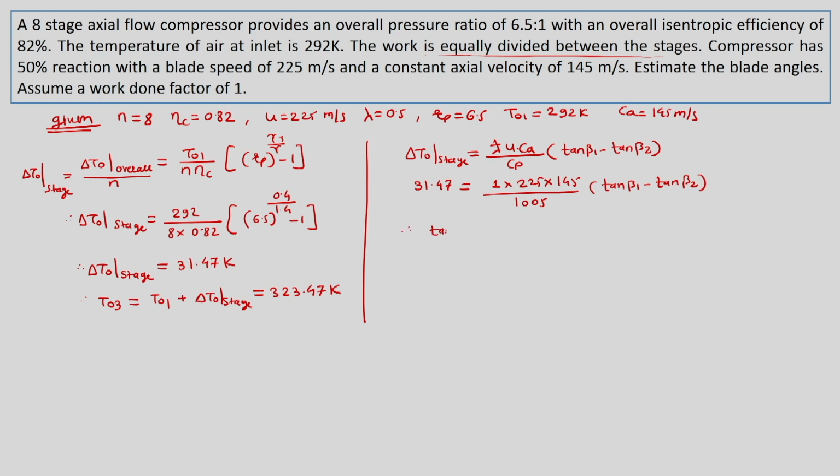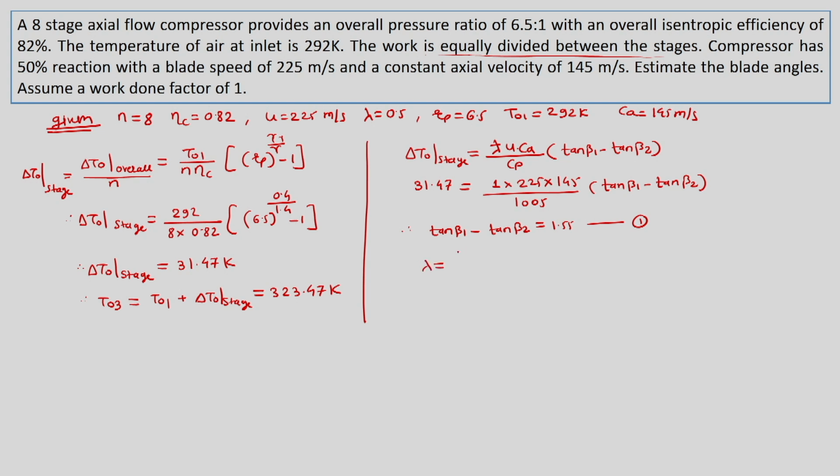So we get tan of beta 1 minus tan of beta 2 is equal to 0.9694. We don't know both tan of beta 1 and beta 2, so we will name it as equation number 1.